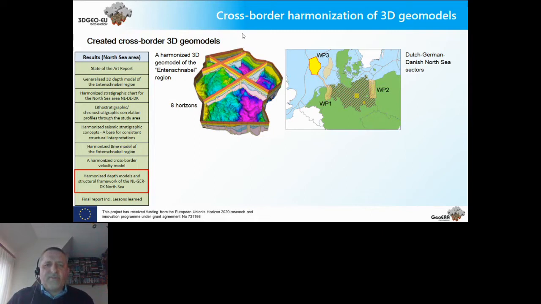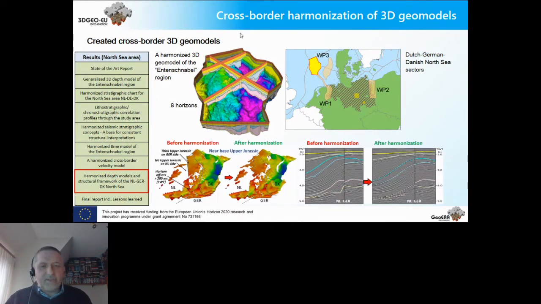And to just give you an impression of how successful the harmonization was, I included here some before-after comparisons. Here on the left, this is a geological horizon, the top unit of the base Upper Jurassic between the Dutch, German, and Danish North Sea sectors. Here in the dotted line, I hope you can see it, is the political border, and this is a border discontinuity. You can see it's not natural, and after the harmonization, it looks now more natural.